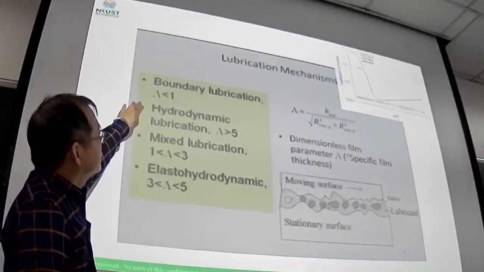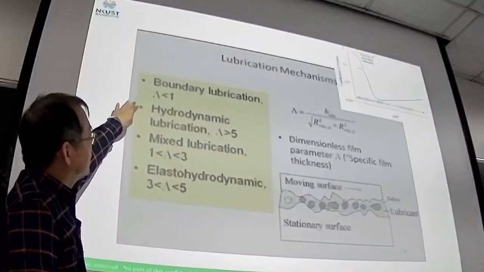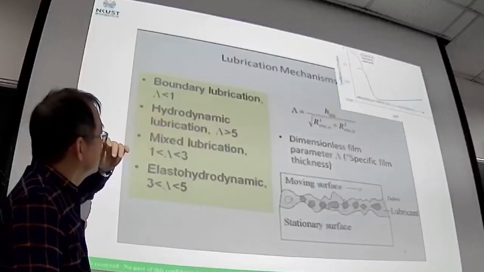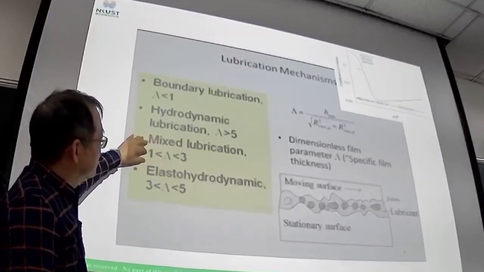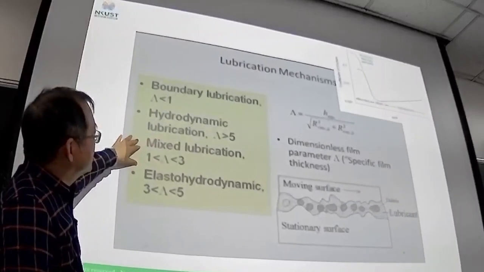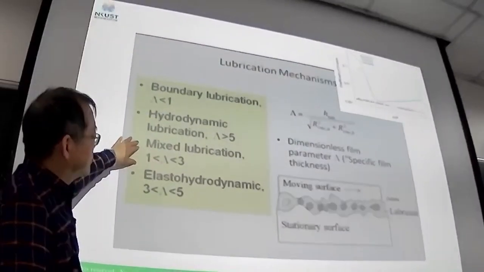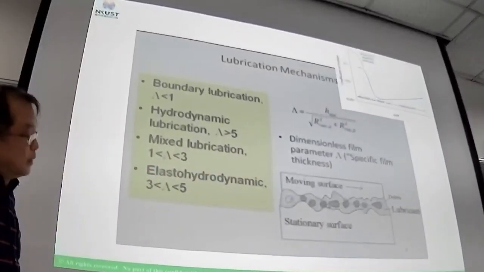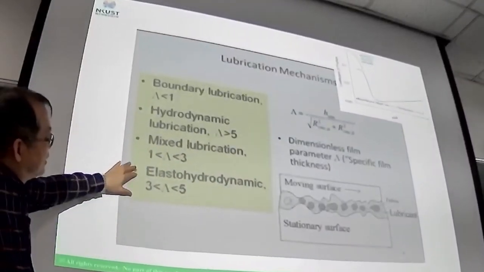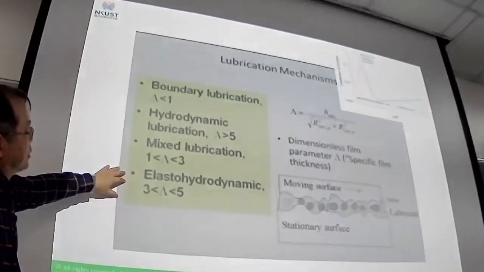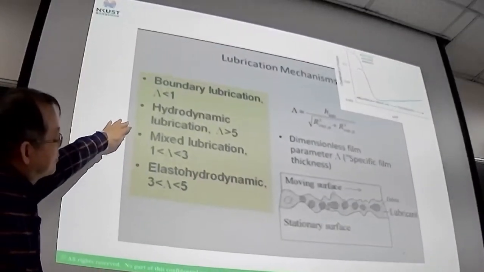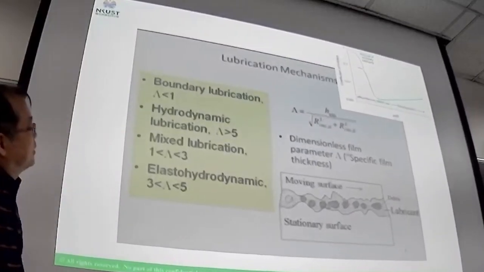If lambda is smaller than 1, it's called the boundary lubrication. If lambda is between 1 and 3, it's called the mixed lubrication. Lambda between 3 and 5 is called the elastohydrodynamic lubrication. For lambda greater than 5, it's called the hydrodynamic lubrication.